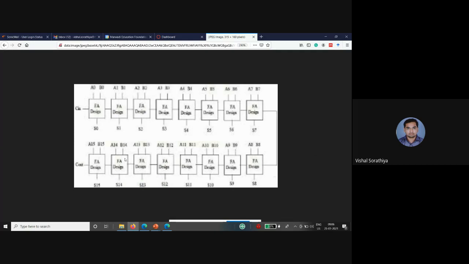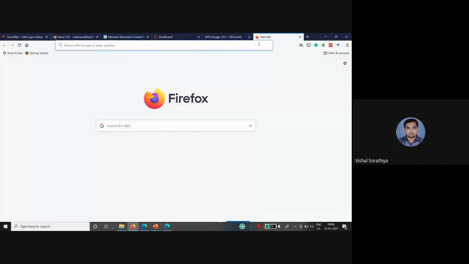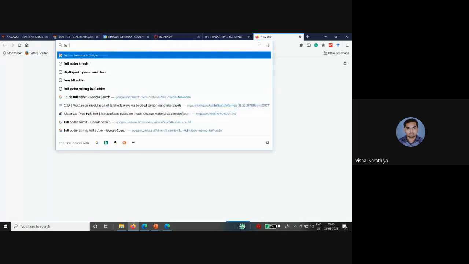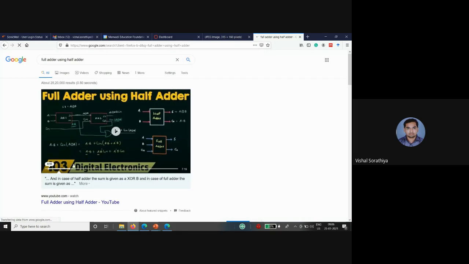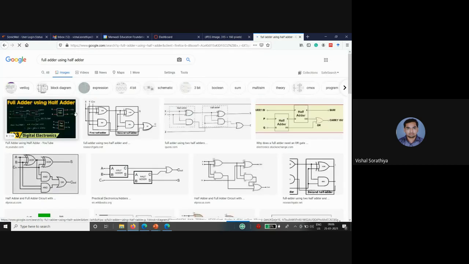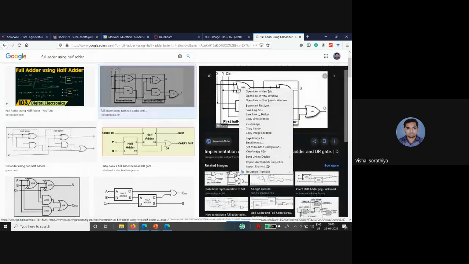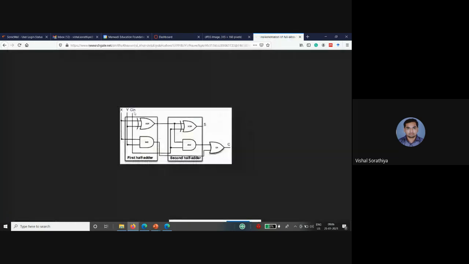The second possible answer that the majority of the students have tried is using a half adder. You all know that a full adder can be made using half adders. This is a block diagram related to a full adder, but in a full adder you require 2 half adders.